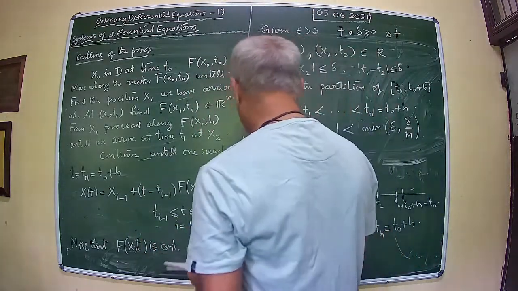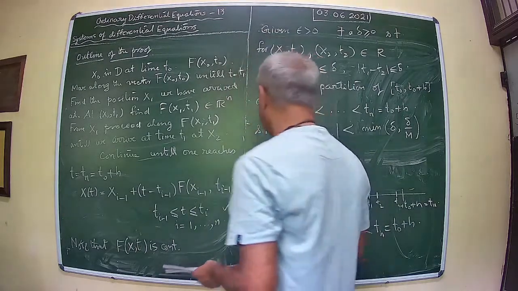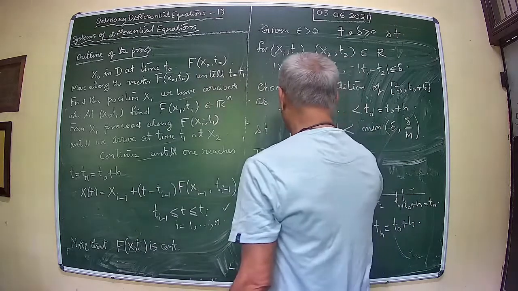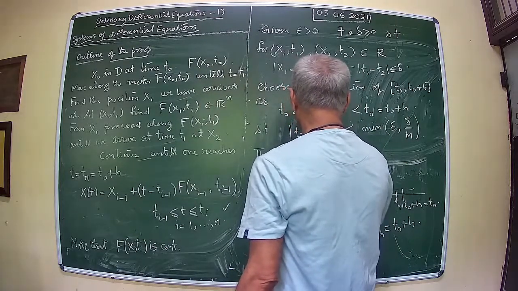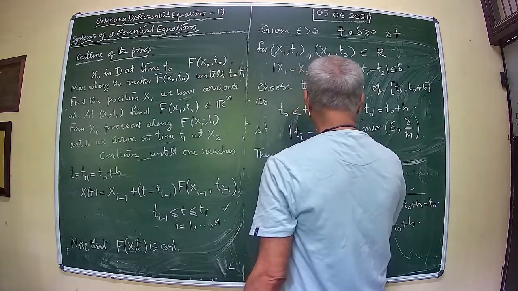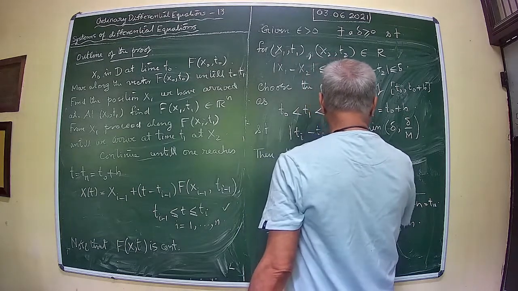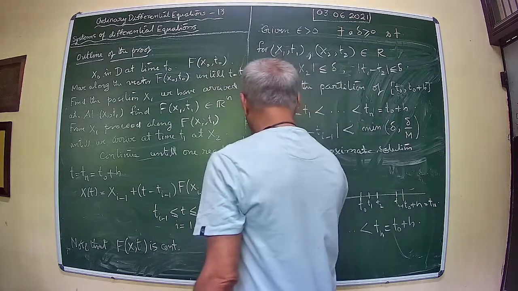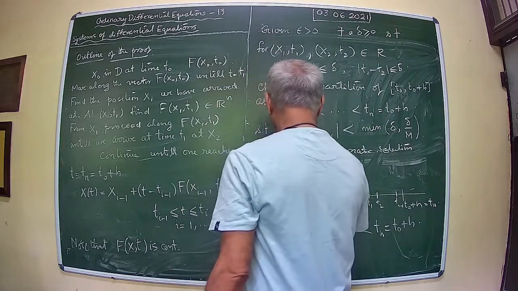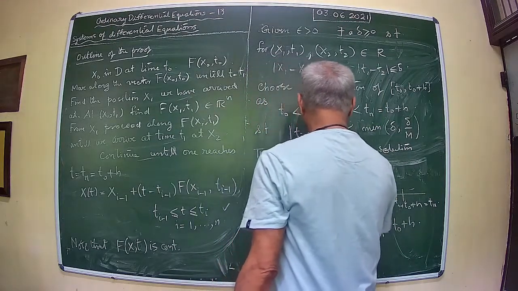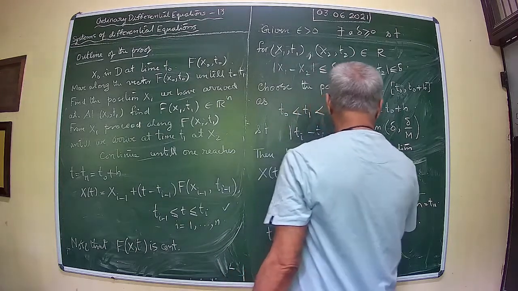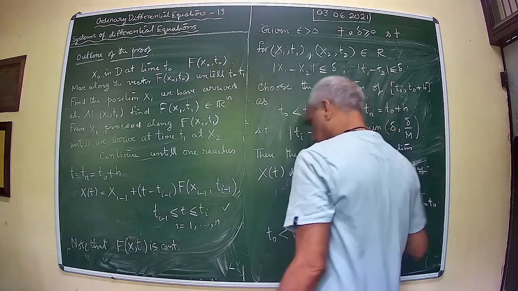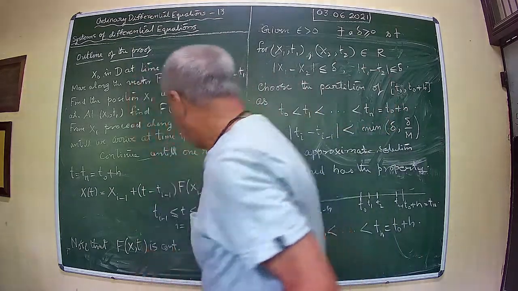Then the approximate solution that we have defined has the property. What is the property?